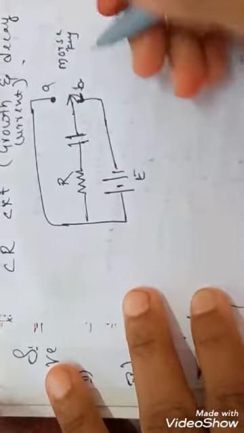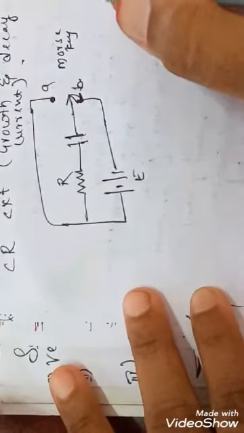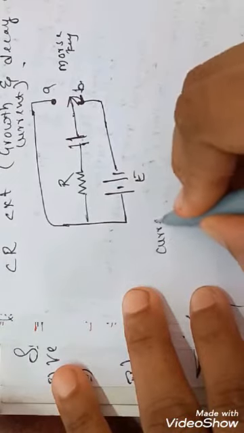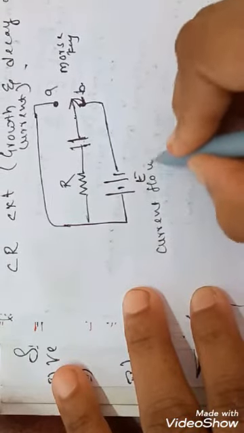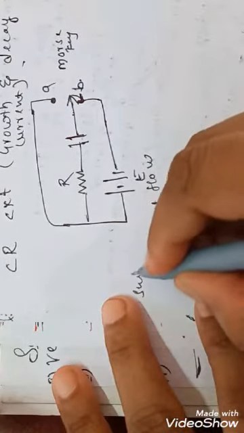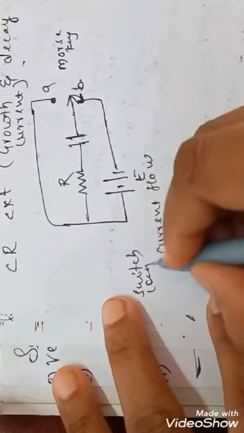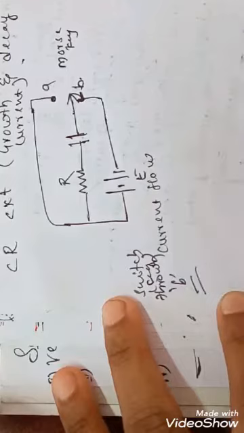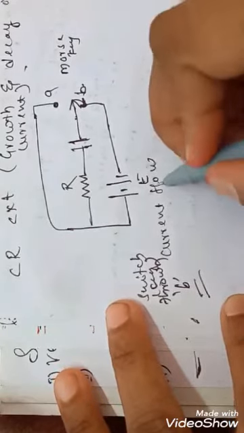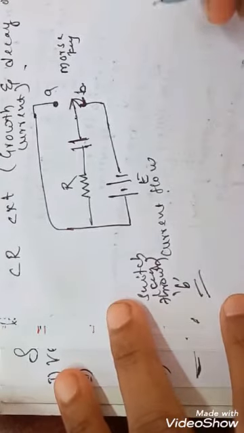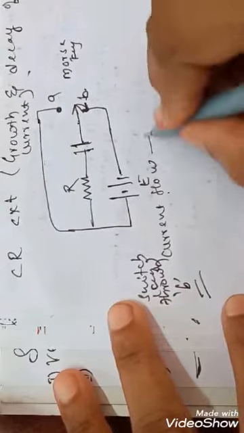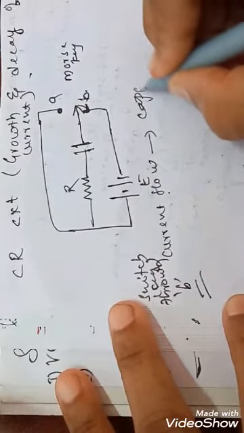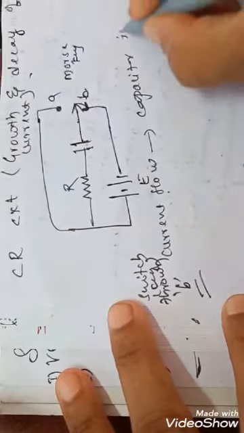Now what happens? Current flows, right? The key is thrown through point B. Current flows in the circuit, which means the capacitor is charging.